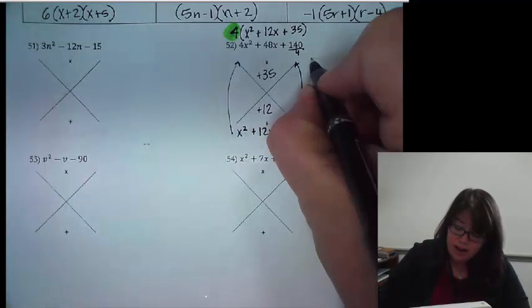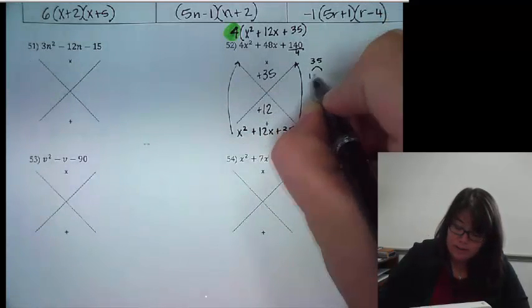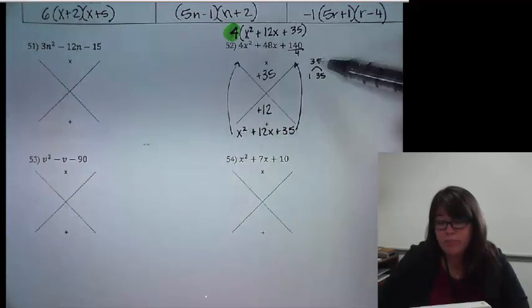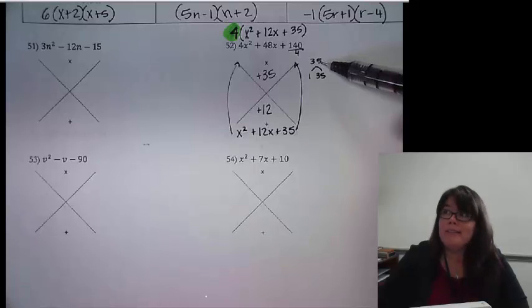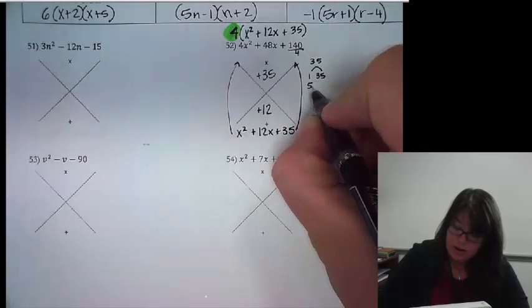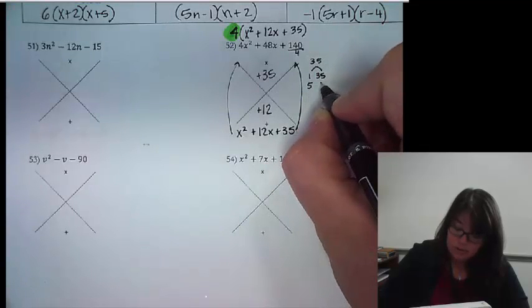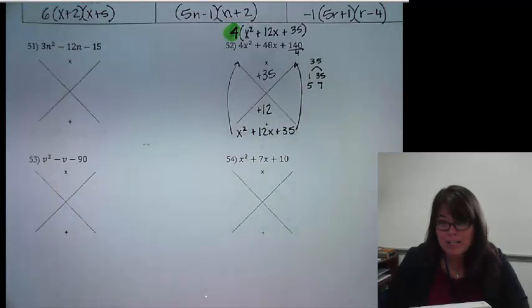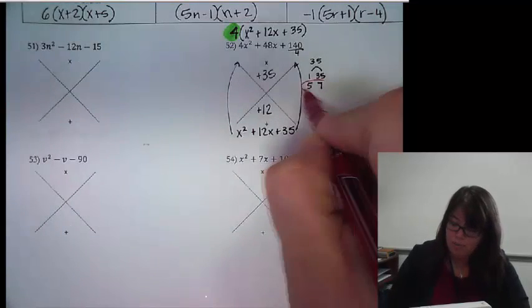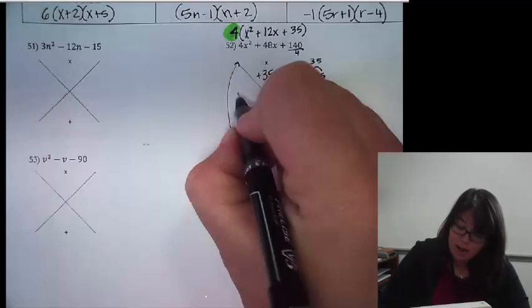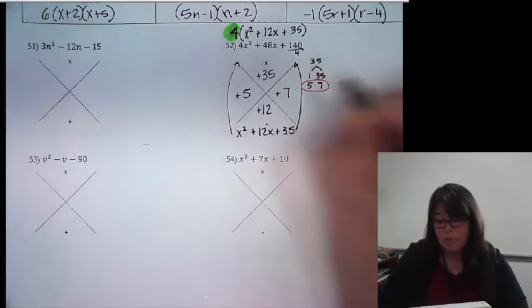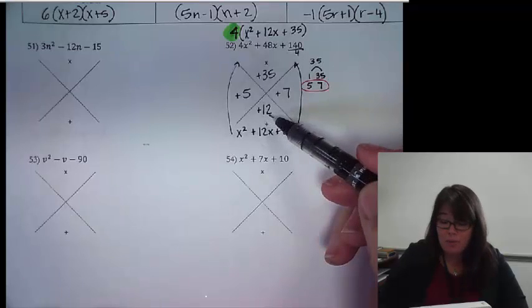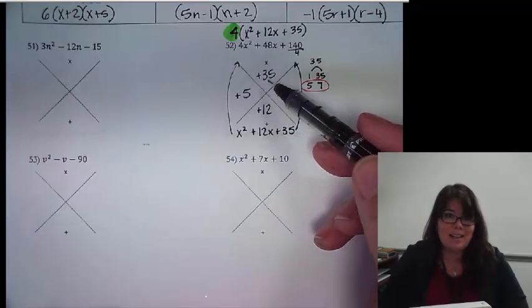If I take 35 and I factor it, I can do obviously 1 and 35. 2 doesn't go in. 3 doesn't go in. 4 doesn't go in. 5 will. So 5 times what? 7. 5 times 7. I can make 12 with 5 and 7, no problem. If I have a positive 5 and a positive 7, they'll combine together to make 12, and they'll multiply together to make positive 35, which is exactly what I want.